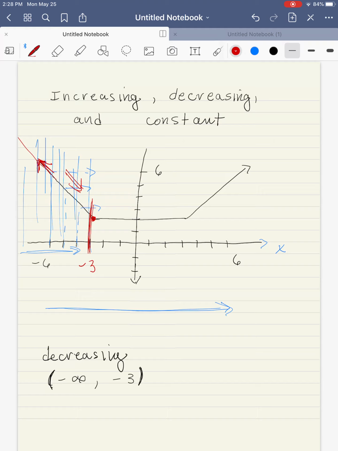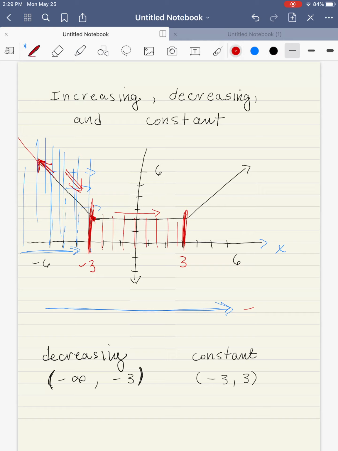Then as we continue from left to right, what is the graph doing for these values of x? And we see that y is staying the same. y is equal to -2 for all those values of x. So on the interval from -3 to x equals 3, the graph is constant.